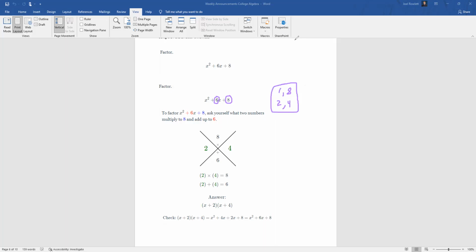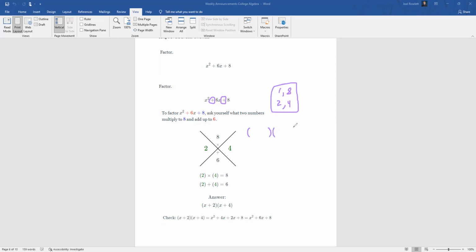Okay. Let me erase what we have here so I can add some information. Going back and looking at what we have, first of all, let's look at the sign we have here. Since this is positive, it tells me that when we factor, the signs are going to be the same. And this plus sign indicates that when I factor, the signs are going to be both positive. And normally before I start the process, that's exactly what I do.